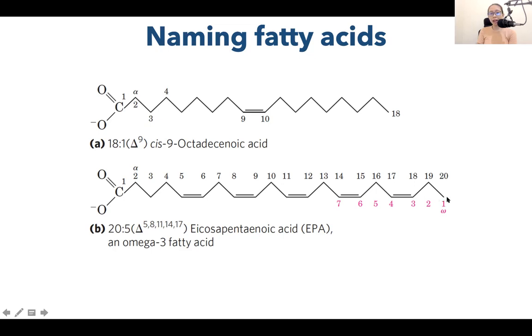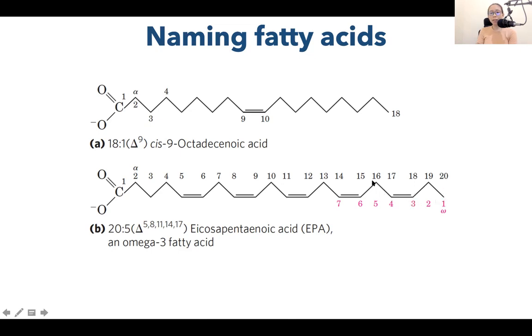And then, you assign your fatty acid whether it is an omega-3, an omega-6, an omega-9 fatty acid, depending on the position of the very first double bond from the omega carbon. So for example, this one, omega-3 fatty acid siya. Kasi yung pinakaunang double bond from the omega carbon is at carbon 3.